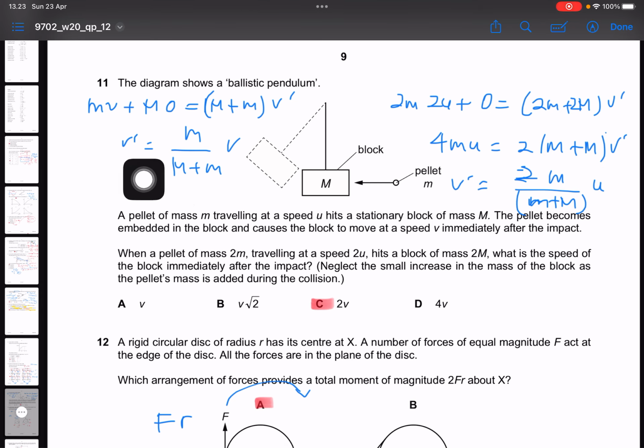And we said this gives v equals small m divided by capital M plus small m, times u.